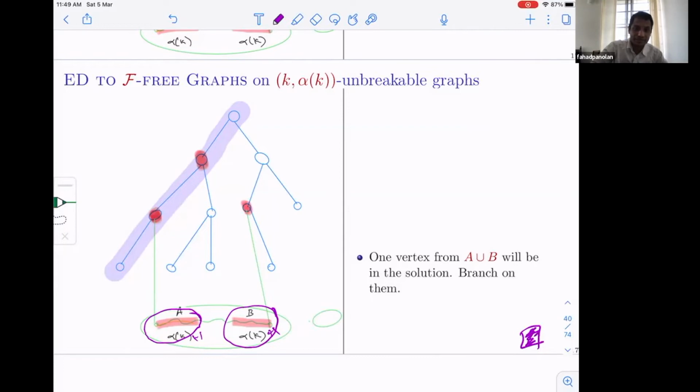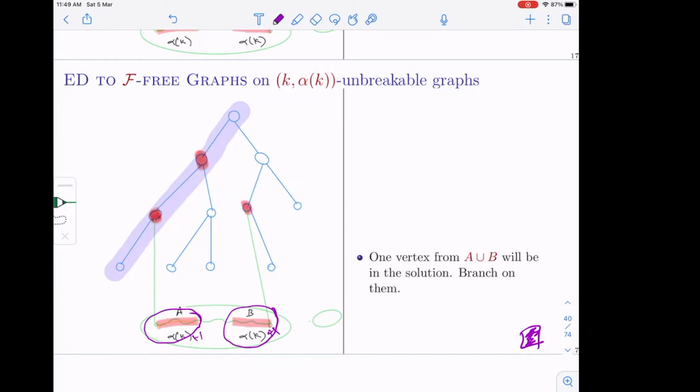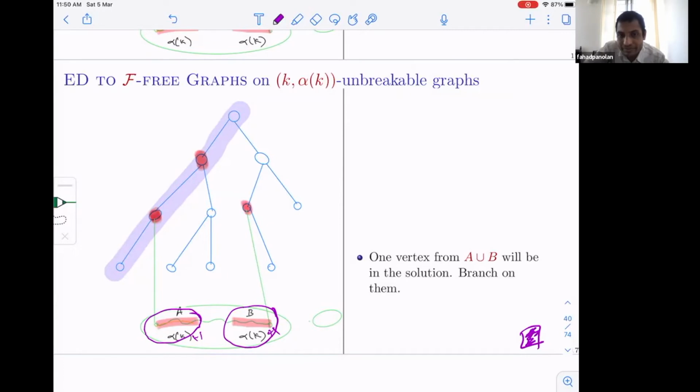Any questions? Yes. If I understand correctly, abstractly, are you showing the following problem is FPT in K alpha K unbreakable graphs: given a graph G and, let's say, a forest on K vertices, whether it is an elimination forest? Correct.